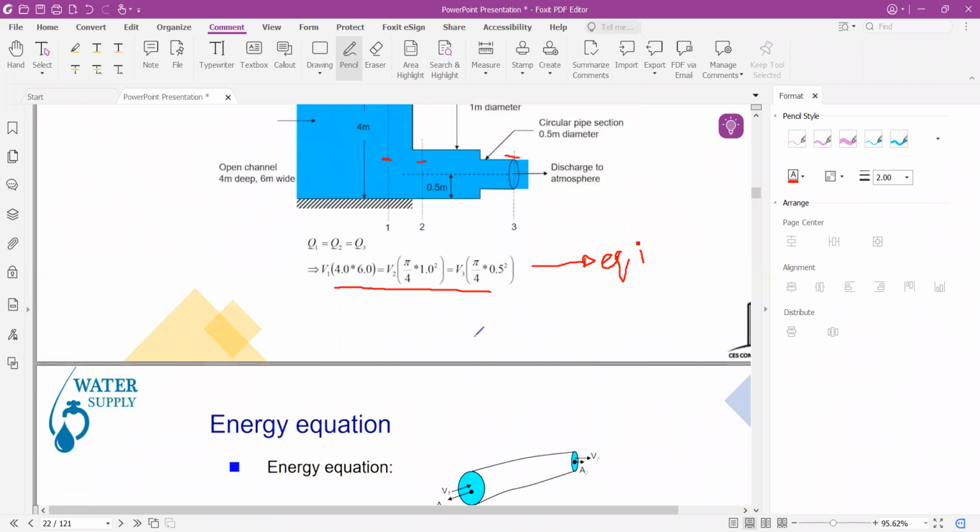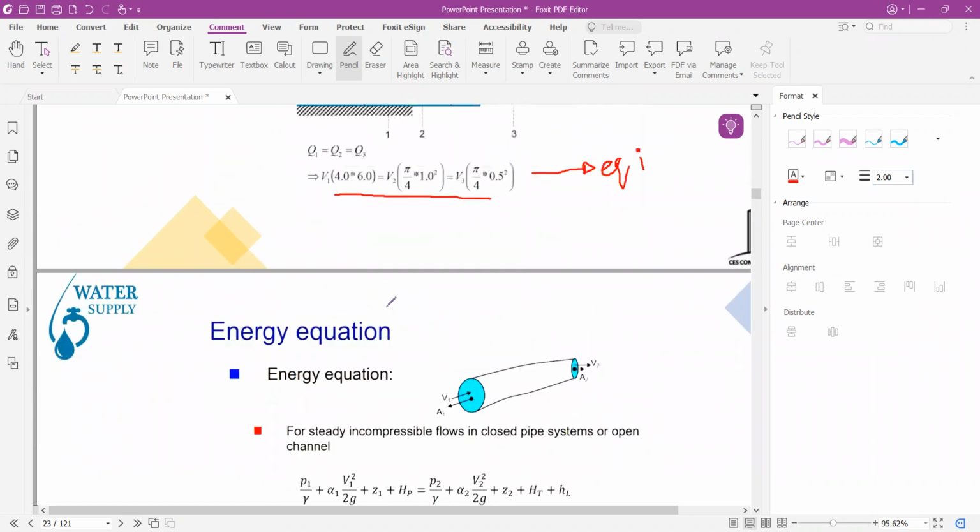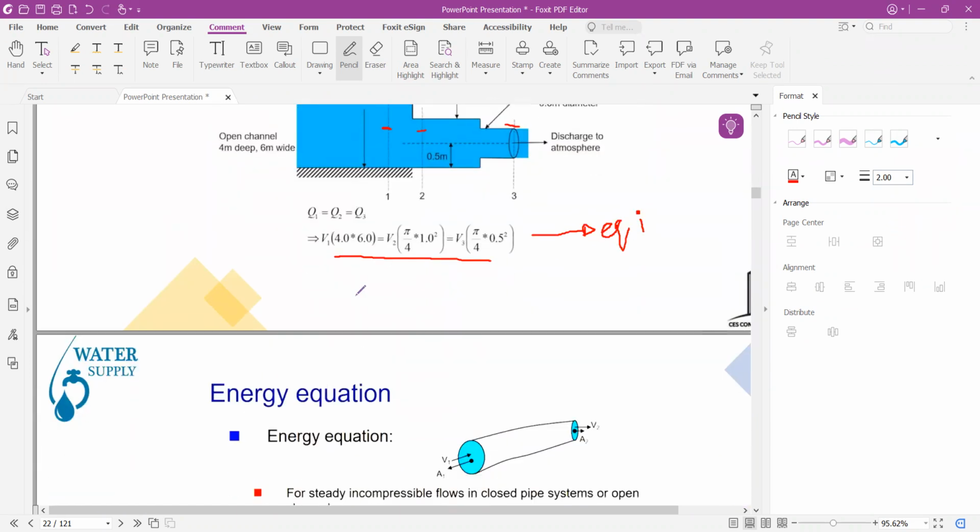Now, based on the energy equation, we will derive the energy equation for this example as well.